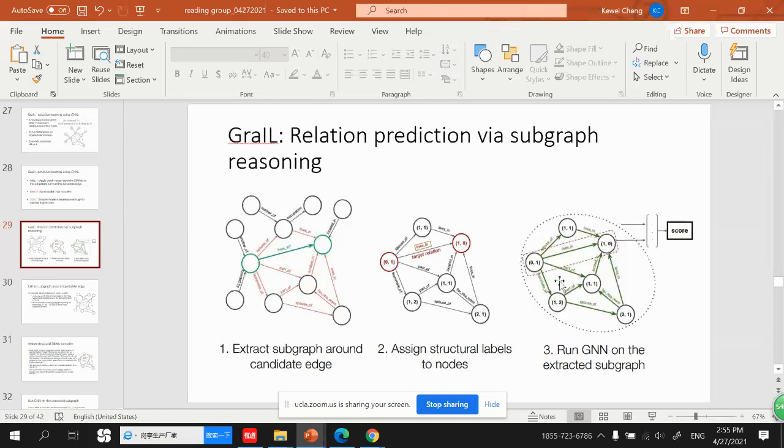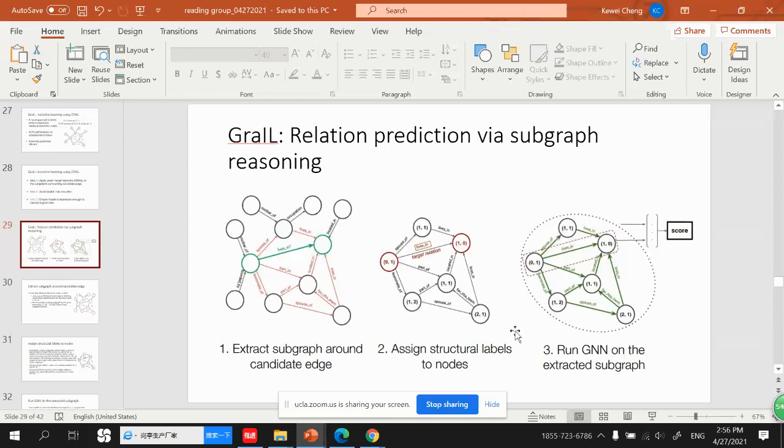The idea of these two papers is similar to the anchor node, but because the downstream task is link prediction, we can specify the anchor nodes to be the target nodes we are interested in.